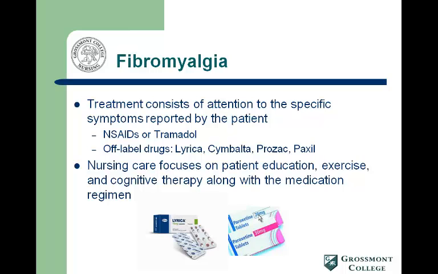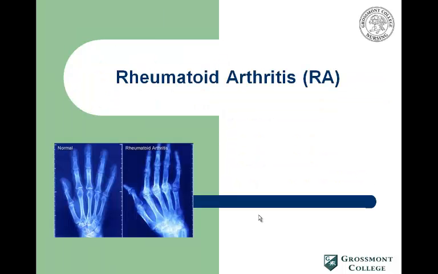Cymbalta, Prozac, Paxil, among others that are in your book, those are all antidepressants, and they will help with the sleep disturbances, the mood disturbances, and sometimes the antidepressants can help with pain also. And then the nursing care that we talked about, just encourage them to stay up with life and stay active.